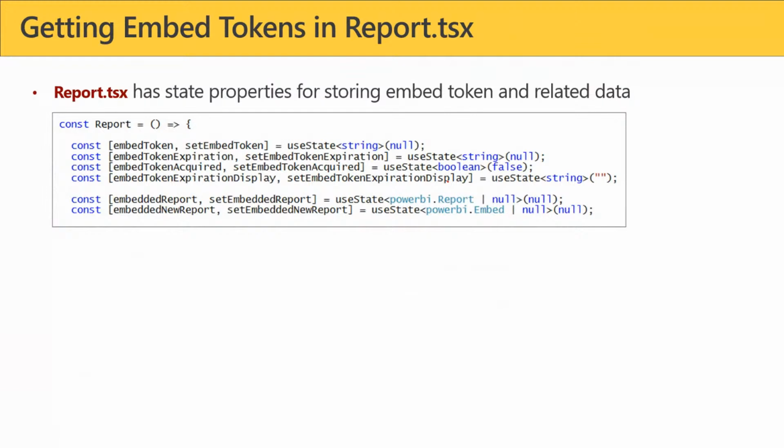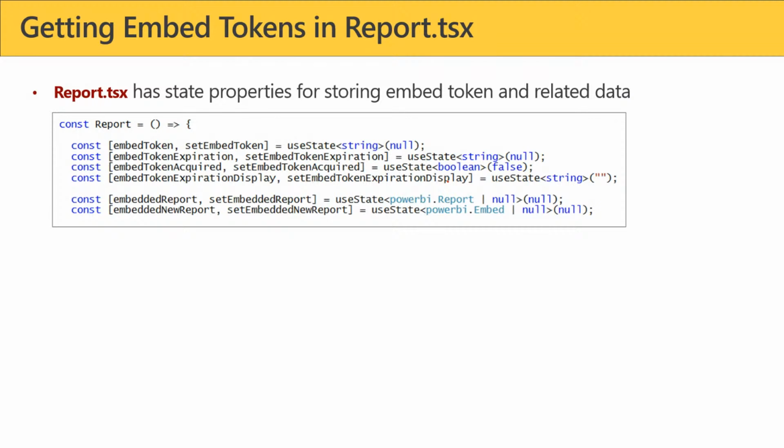Now, when we look at reports.tsx, it's a component that is going to manage the state for the embed token. So we're going to manage the embed token itself. It's a big string. The embed token expiration, which is passed back to me by the Power BI REST API along with the embed token. There's just a flag that I have: has the embed token been acquired? Yes or no?